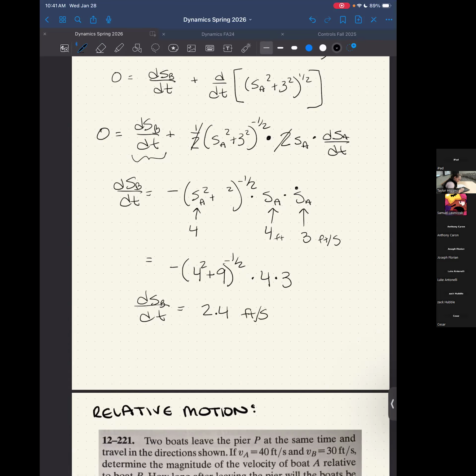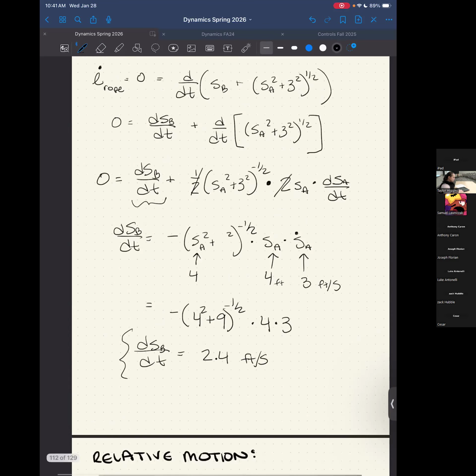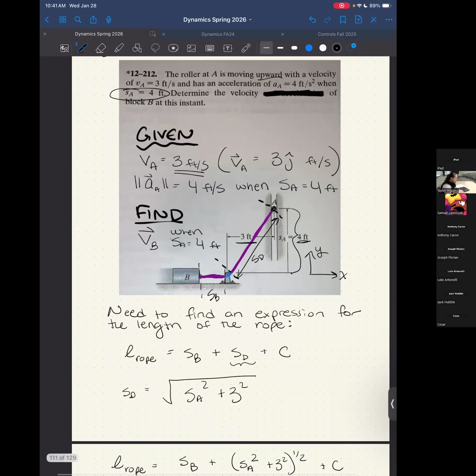feet per second. And then to determine the direction, I always like to do this visually. I let my rope expression tell me the amplitude of the motion of the other particle, but visually is how I tell the direction. So if A is going up, we know for certain, very simply, that B must be going to the right.